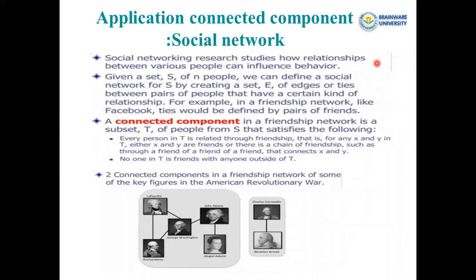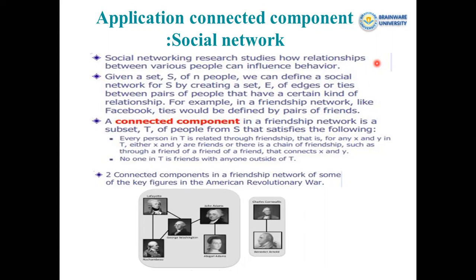The application of connected components is basically in social networking. Why? Because social networking research studies how the relationship between various people can influence their behaviors. That's why we apply the connected component algorithm in social networking, to find out the behavior of different people.